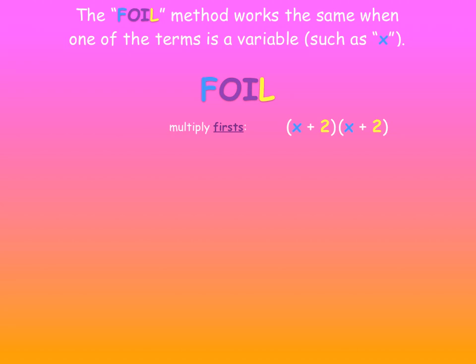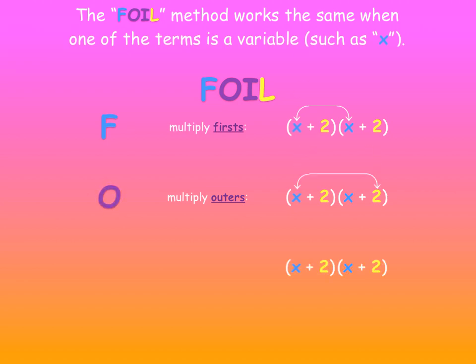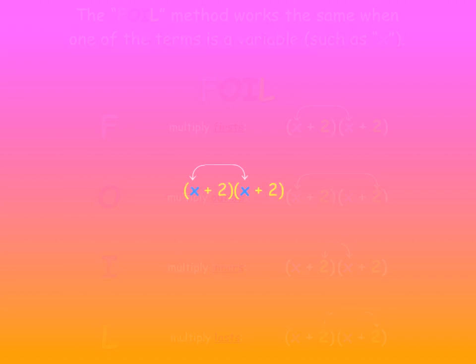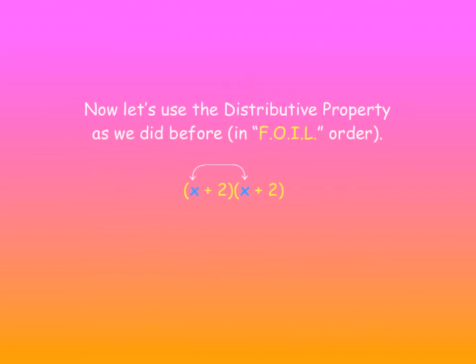So we multiply firsts, x times x, then we multiply outers, x times 2, then we multiply inners, 2 times x, and multiply lasts, 2 times 2. Now, let's use the distributive property as we did before in FOIL order.